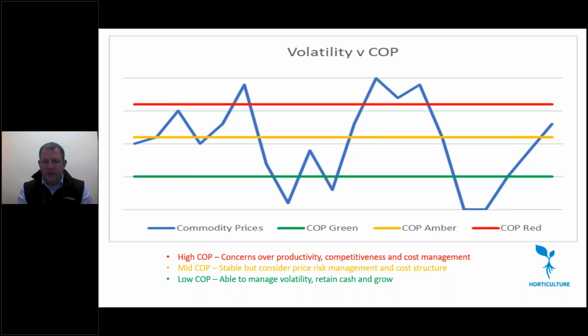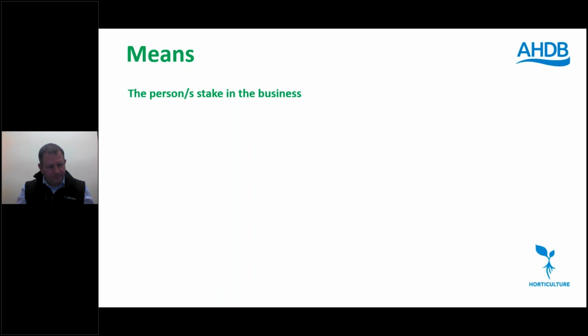They're the first one to start making money when prices are in an upward move, and therefore they lose the least and gain the most. And usually in times of distress, they're the business that can go out and buy the red line producer at a discount. So that's just a little bit on cost of production.